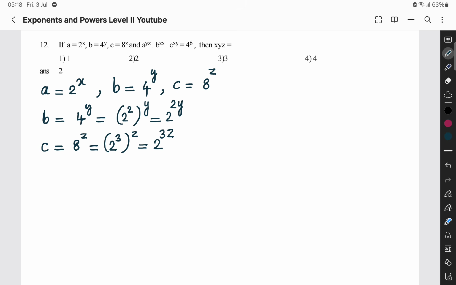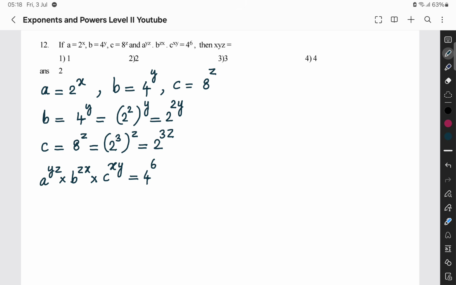Now, a power yz into b power zx into c power xy is given as 4 to the power of 6.